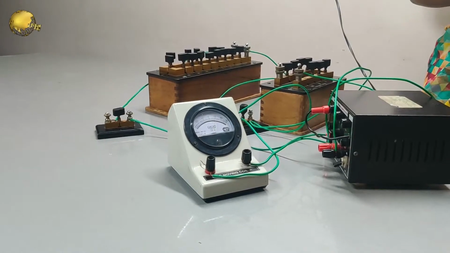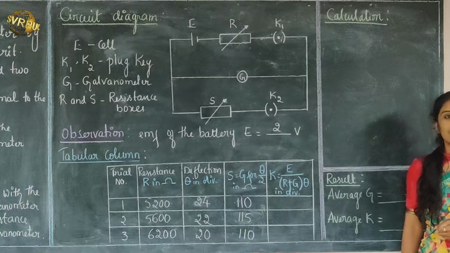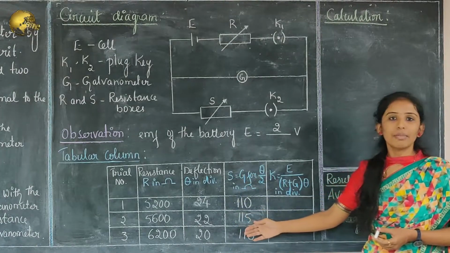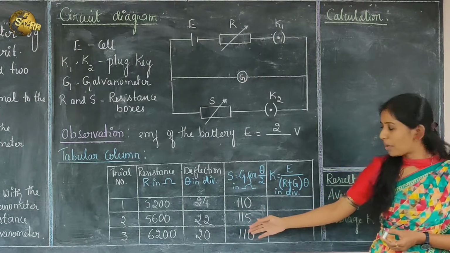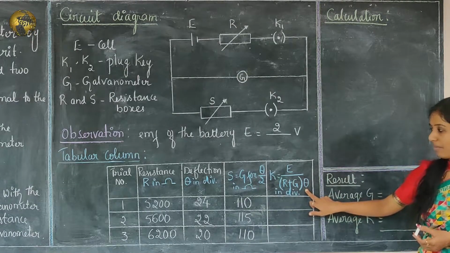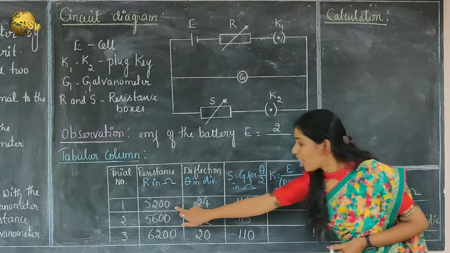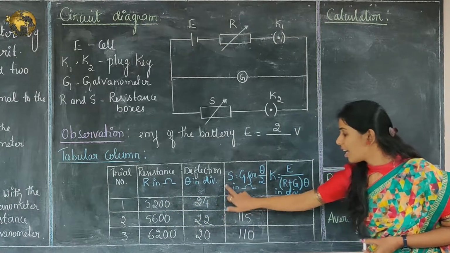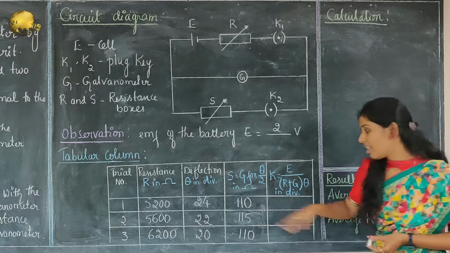Now we'll move on to the calculation part. We have already entered the practical values which we got through the experiment. So we are going to calculate the figure of merit using this formula. We have got R as 5200, deflection as 24 and S as 110.